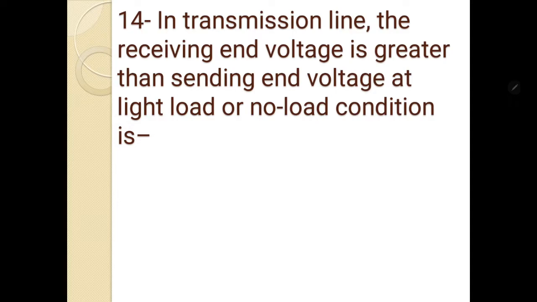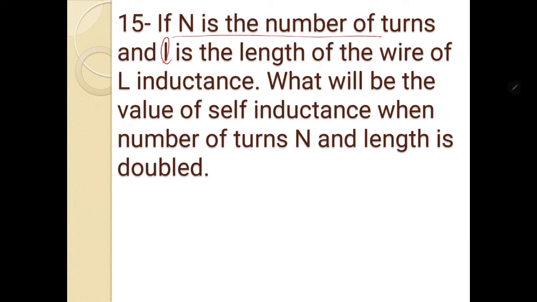In transmission line, receiving end voltage is greater than sending end voltage at light load or no load condition is known as Ferranti effect. N is the number of turns and L is the length of the wire, with inductance L. What will be the value of self-inductance L when number of turns N and length is doubled? The inductance will become double.